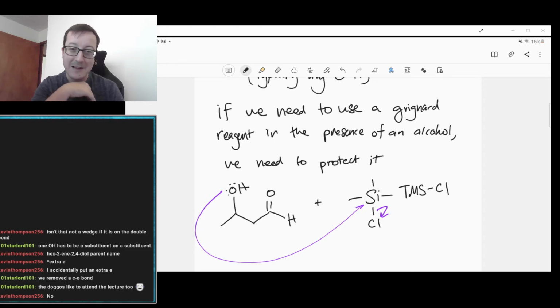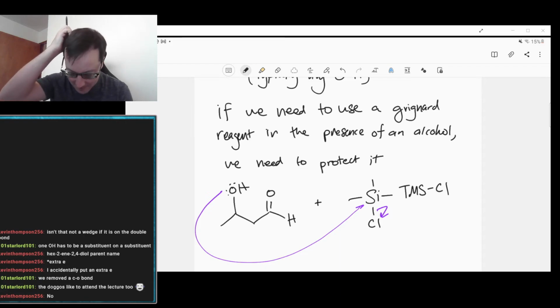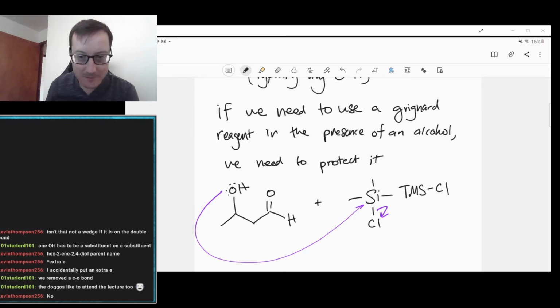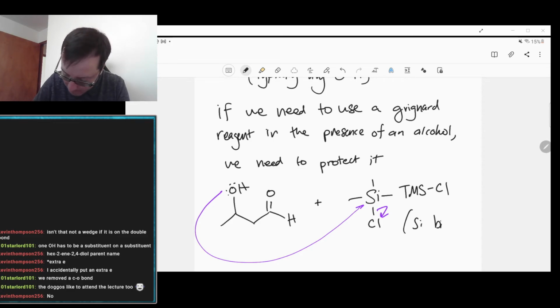So it's able to be attacked. Those methyl groups are not in the way. It's big enough to be attacked in an SN2 style.